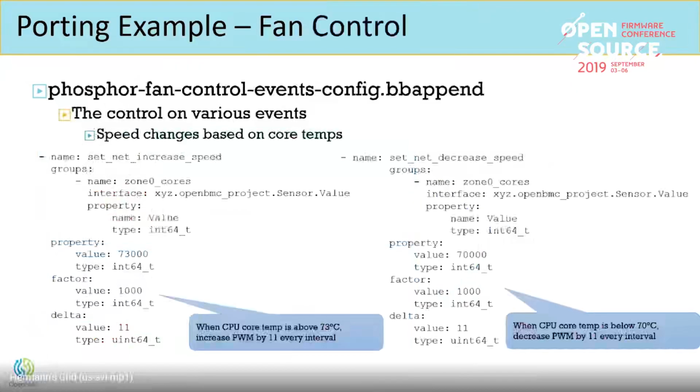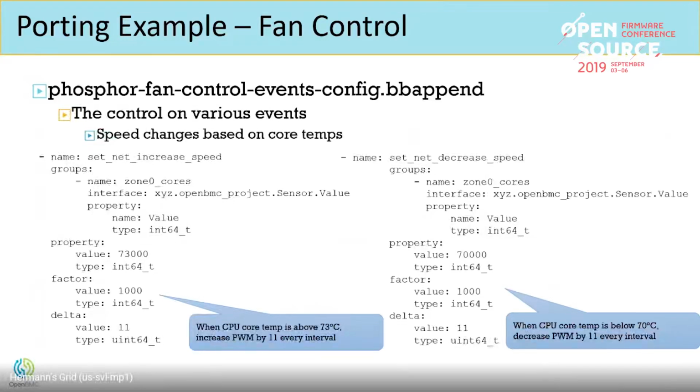Oh, question? You mean the factor parameter? The interval is defined in another part, which is not in this example. The factor, let me think. Like milliseconds, how often to increase the PWM, maybe?